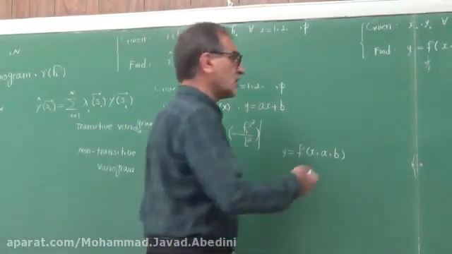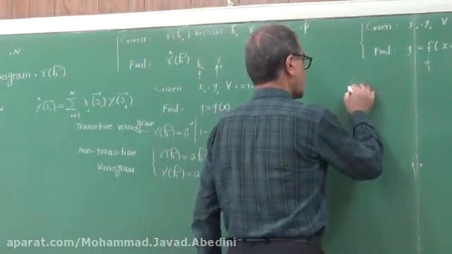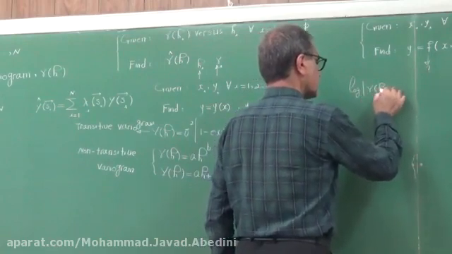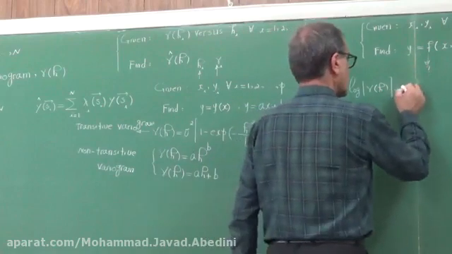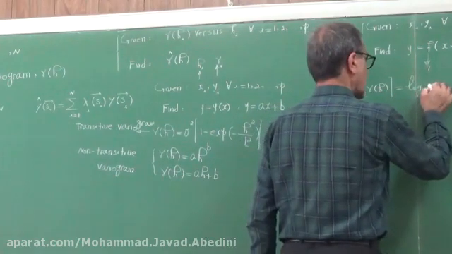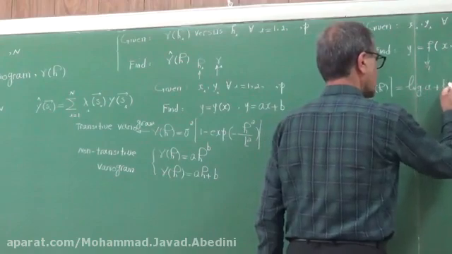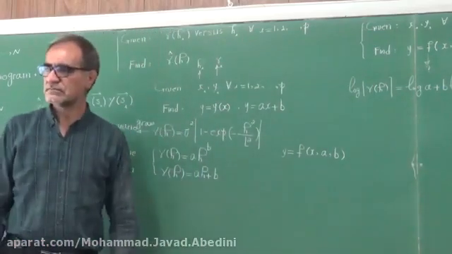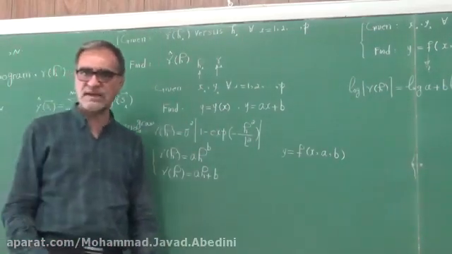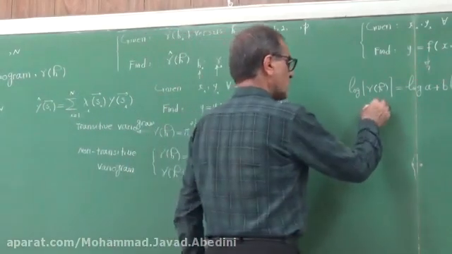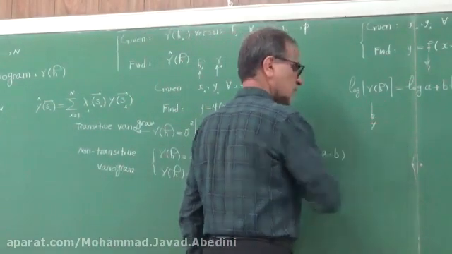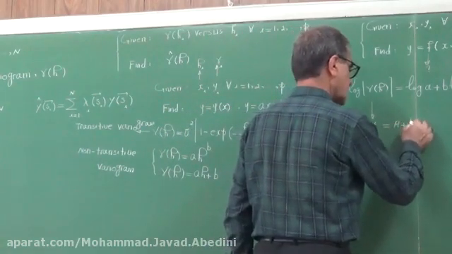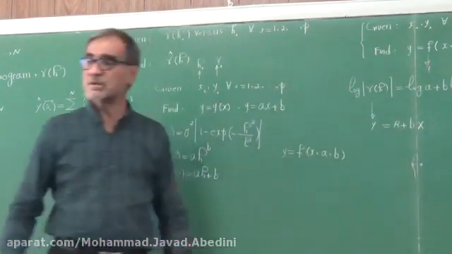If you take log of both sides, you are going to get log of gamma h equal to log of a plus b log of h, by just taking log of both sides. And then if you call this y, and call this a plus b x, then it will become linear.